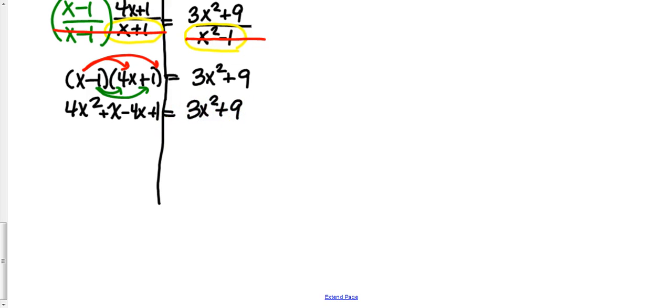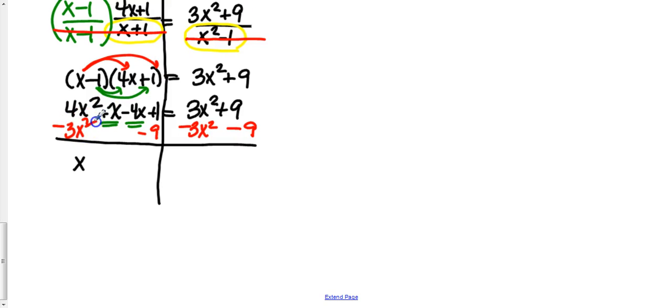It seems pretty easy to me to simultaneously combine like terms and move these two terms over. So we will get x squared, positive x minus 4x is minus 3x, positive 1 minus 9 is minus 8.